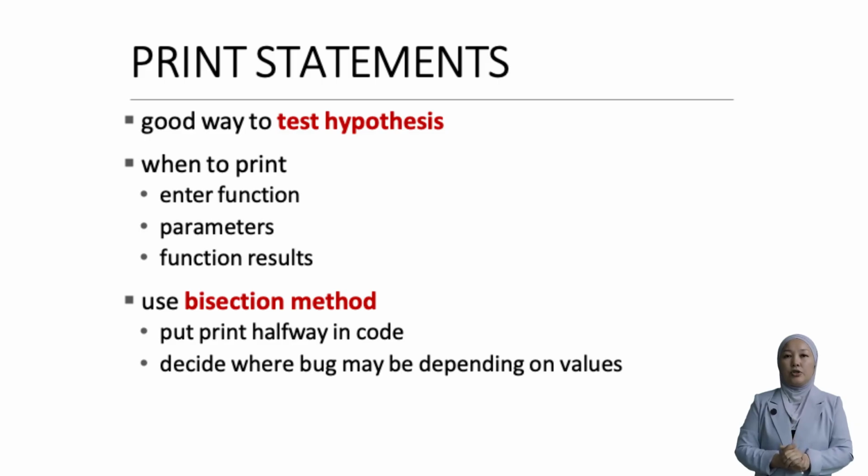Let's discuss how to use print statements effectively in debugging. You should print key information at function boundaries: print the parameters as the function begins, and print the return value before it ends. This confirms the function is being called with the data you expect and is producing the output you intend. A powerful technique is the bisection method.